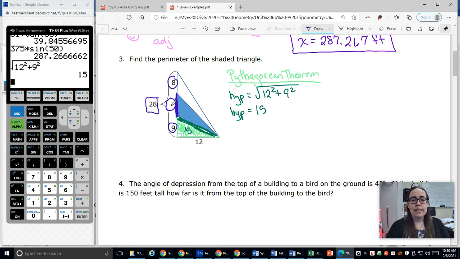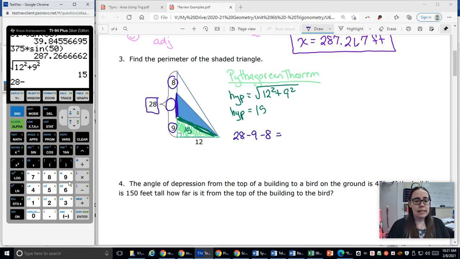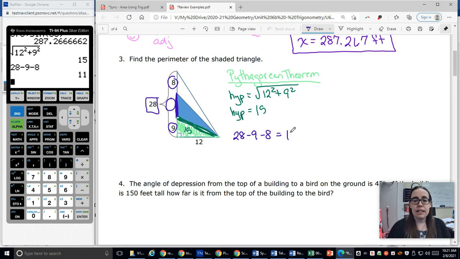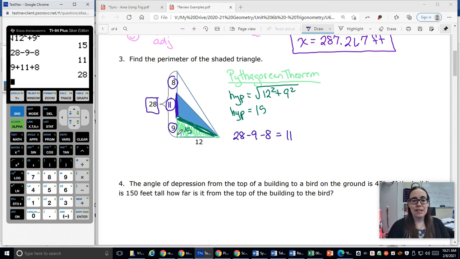I need to figure out what I still need for this piece so that all together they make 28, right? So I'm going to do 28 and I'm going to take away the 9 and I'm going to take away the 8, and what's left is going to be this little piece here. So 28 minus 9 minus 8 is 11. So I know this piece here is 11. So that my 9 plus my 11 plus my 8 makes this whole side 28.